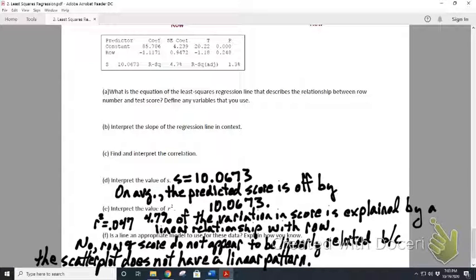And even though R is moderate, it's just on that borderline of being weak. So you could get away with just saying correlation is not strong.